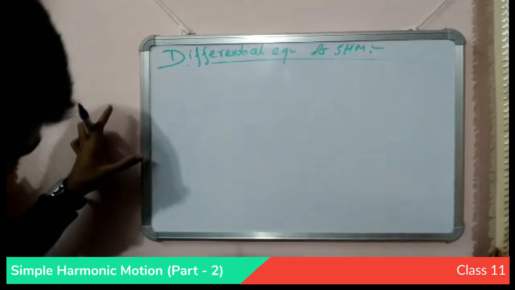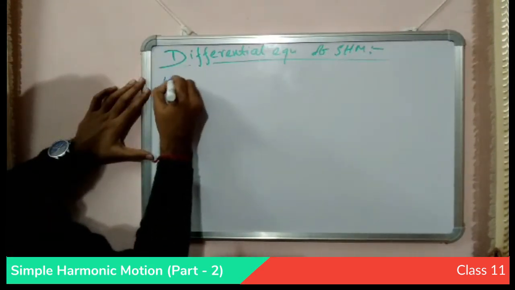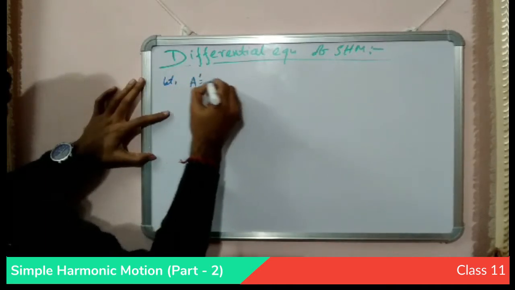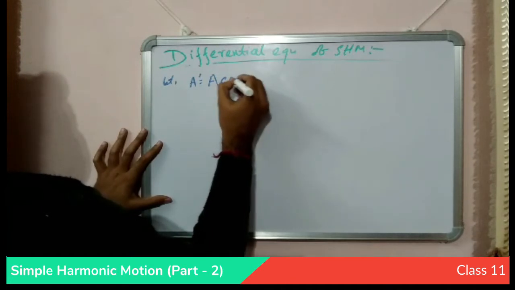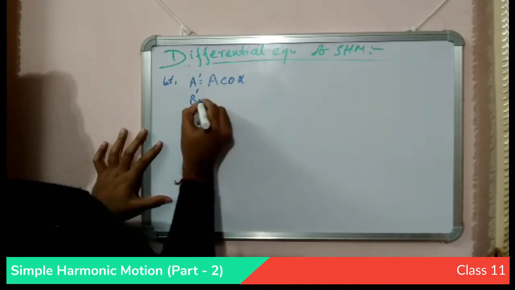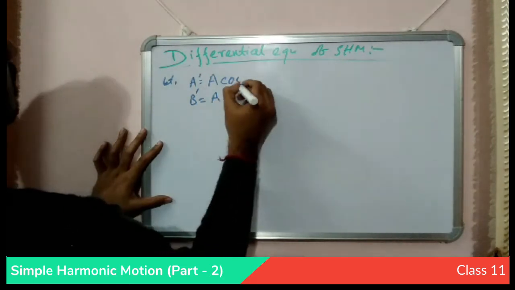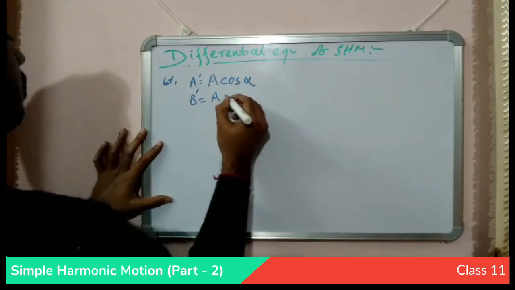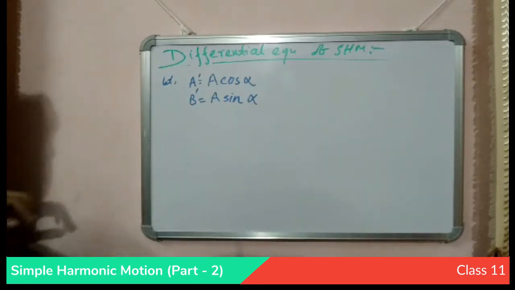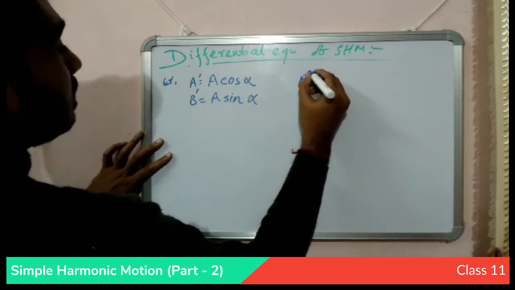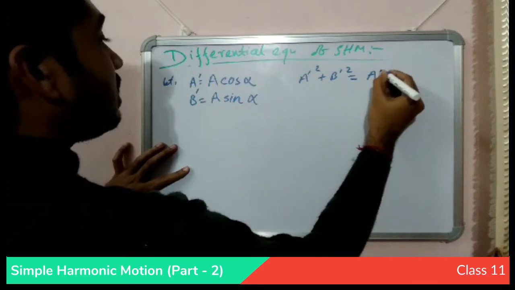So let a prime be equal to a cos alpha and b prime is equal to a sin alpha. So from squaring, a prime square plus b prime square gives us a square.